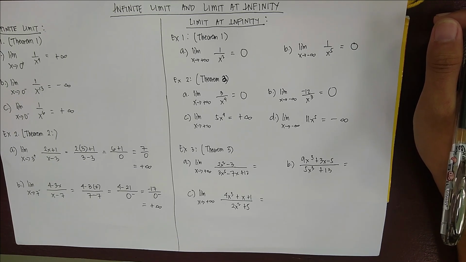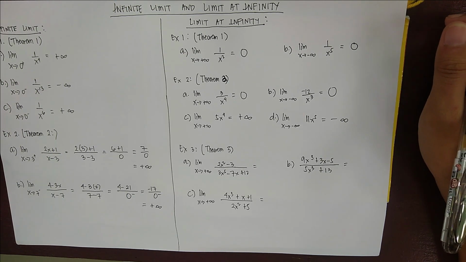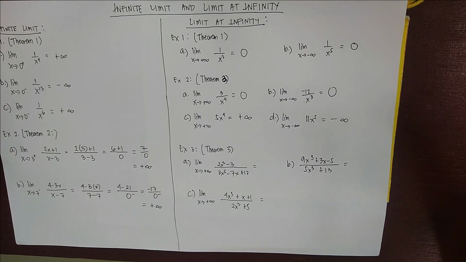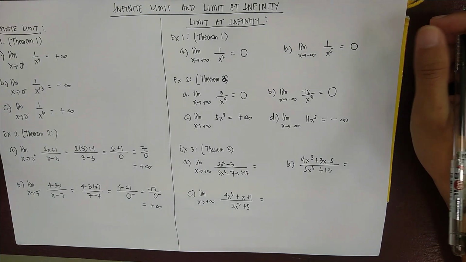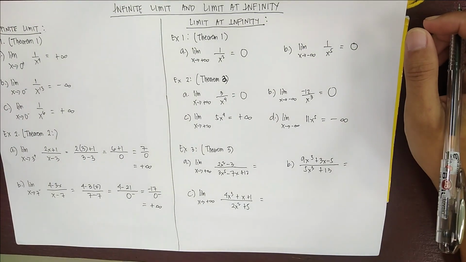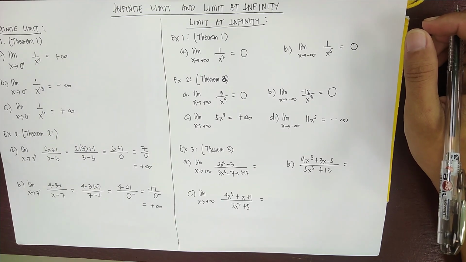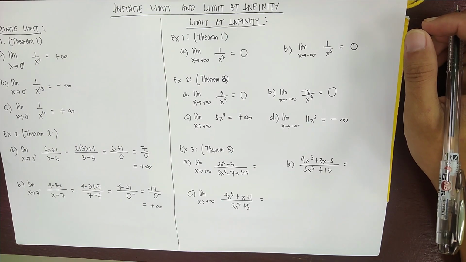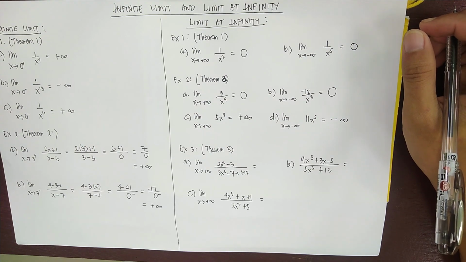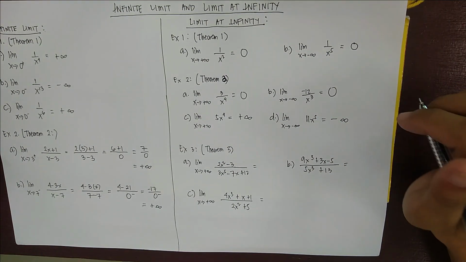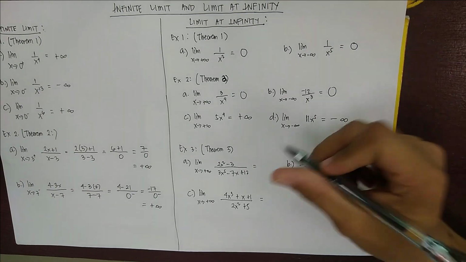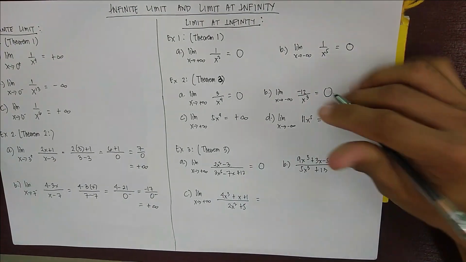If the degree of f of x is less than the degree of g of x, our answer is always 0. For example, the limit of 2x squared minus 3 over 3x to the power of 5 minus 7x plus 12. Here, the degree of f of x is less than the degree of g of x, so our answer is yes, 0.